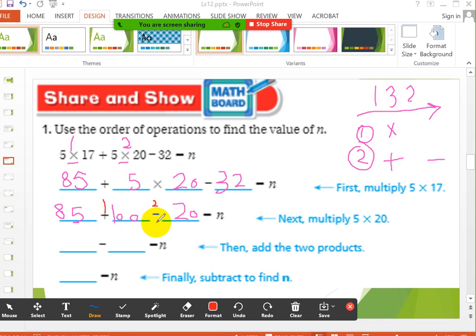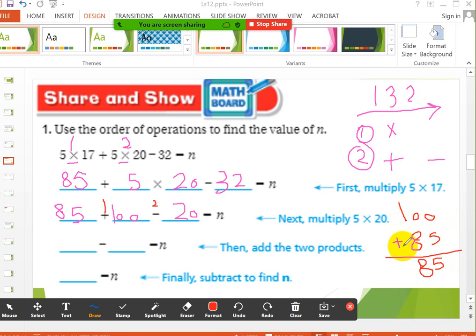85 plus 100. How will I find the answer? I will add the numbers as I learned. 85 plus 100. Let's find the answer. This is an addition. 0 plus 5 equals 5. 0 plus 8 equals 8.